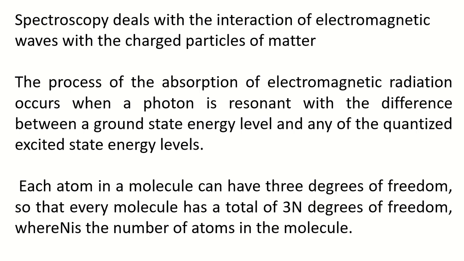While the emissions that gave rise to the line spectrum of hydrogen involved transitions between electronic energy levels, the spectra of molecules are complicated by the motions of atoms in molecules.